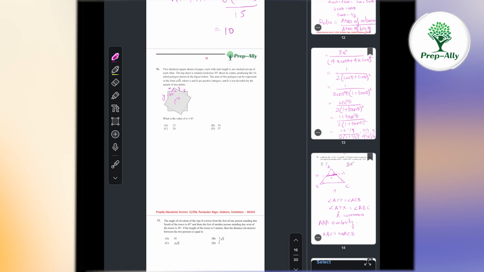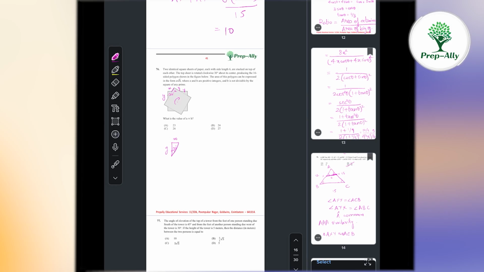And this also equals y, right? And so on. So what do we have here? In this triangle, we have one side as x and one side as y, and one of the angles as 30 degrees.